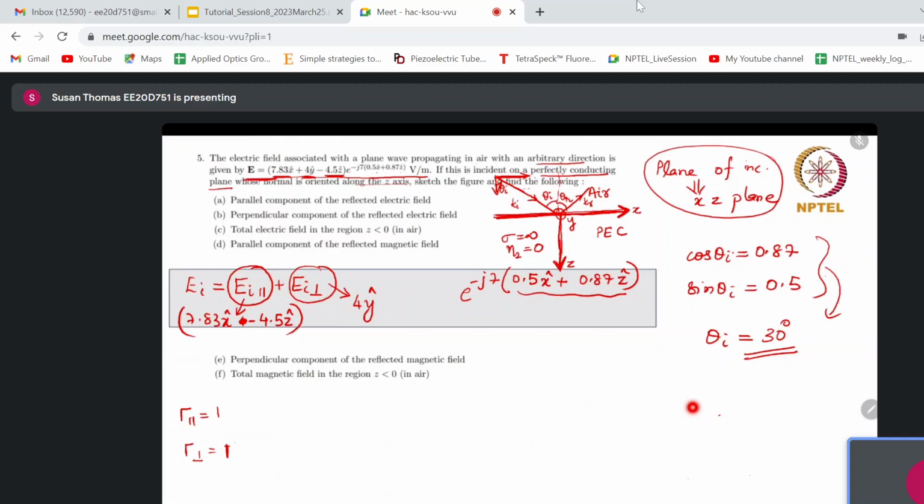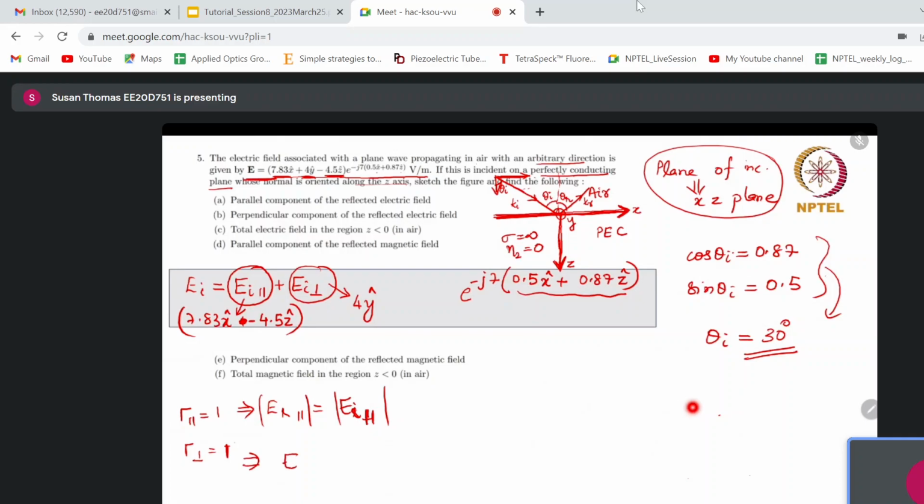Therefore the magnitude of ER parallel is equal to EI parallel.